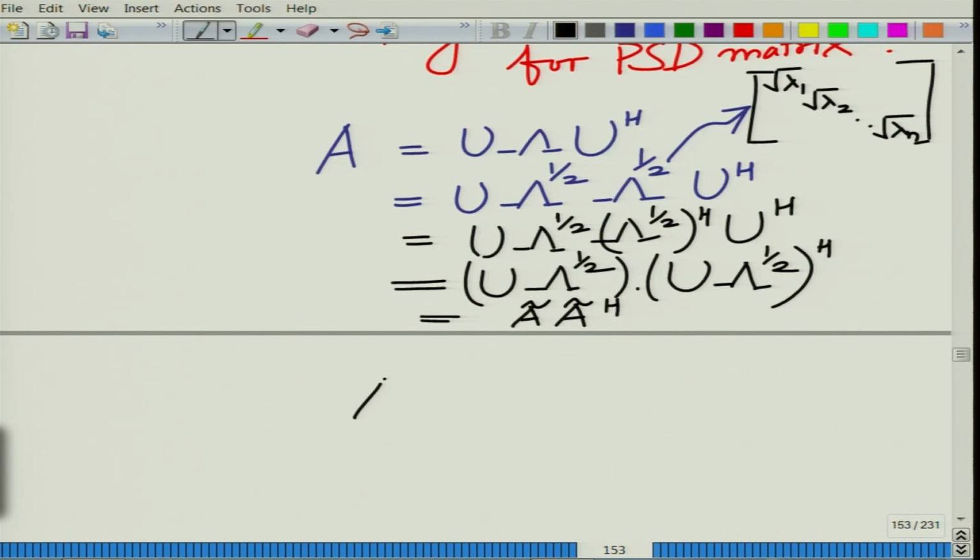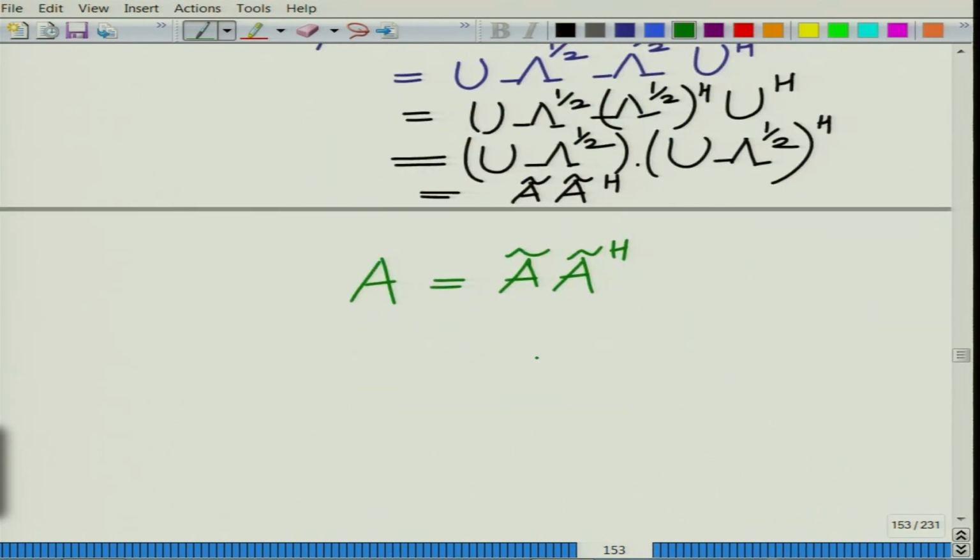Therefore, this is A tilde Hermitian. So, I can write any positive semi-definite matrix A as A tilde A tilde Hermitian, where one possible value of A tilde equals U lambda raised to the power of half.